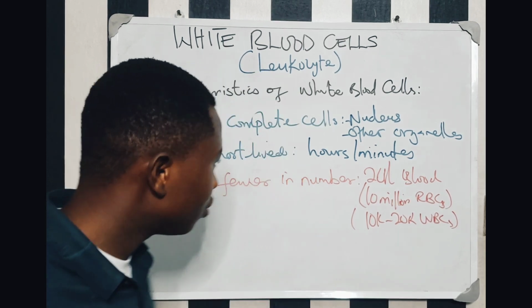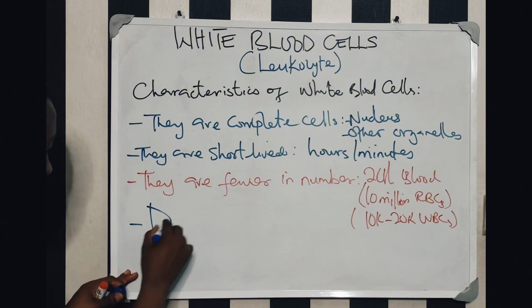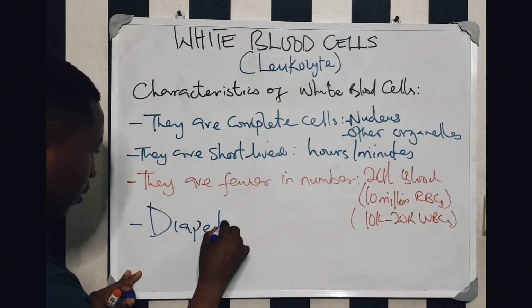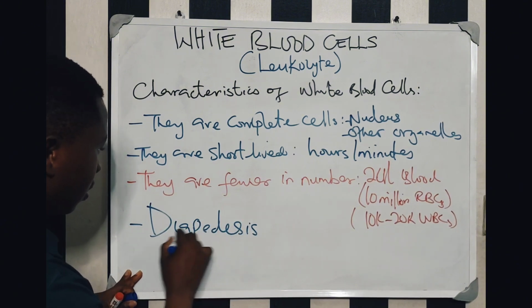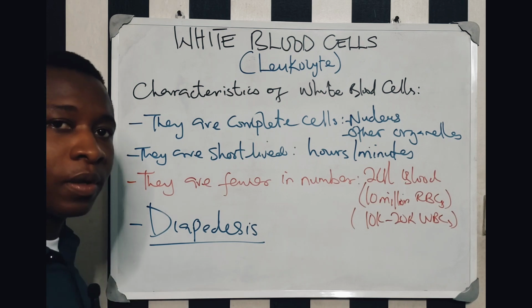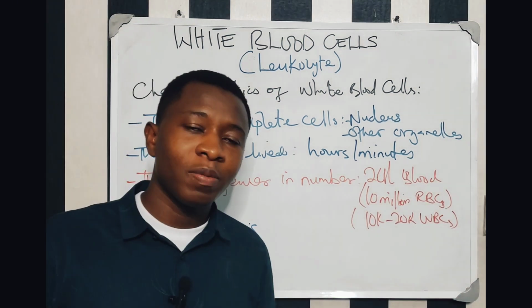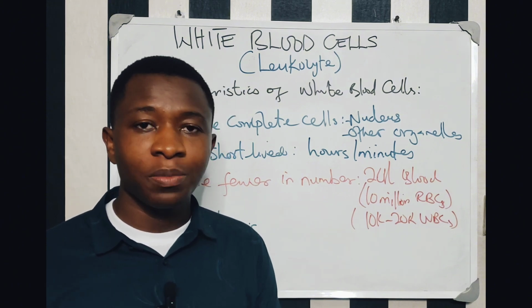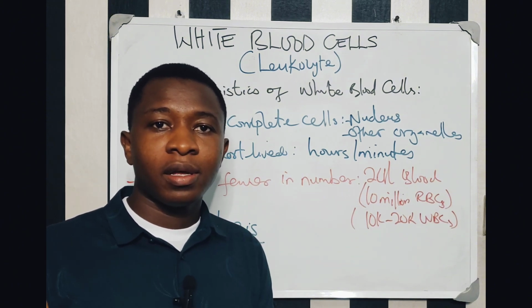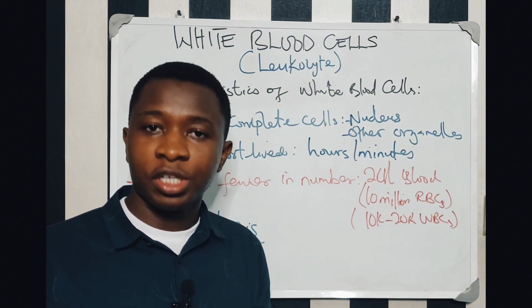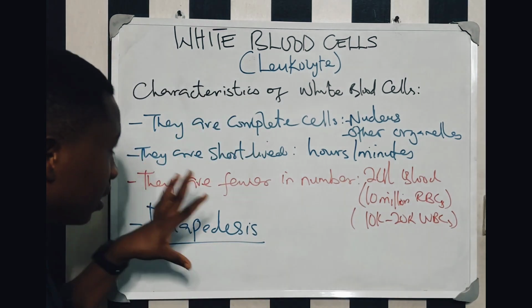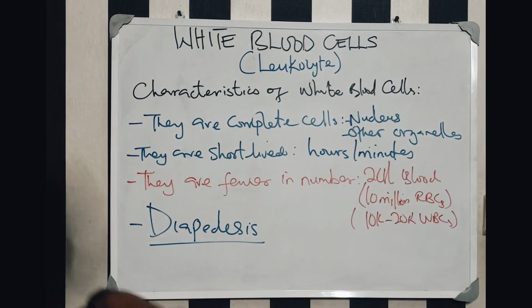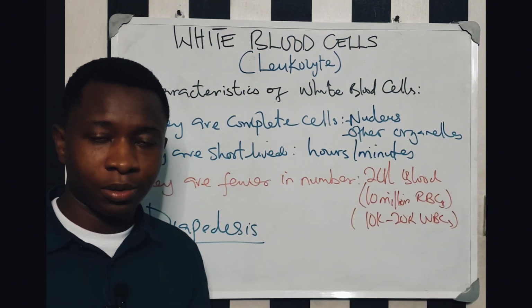And that mechanism is known as diapedesis. Now, when it moves from the blood vessels to the tissues, it assumes a particular form, which I'm going to talk about in subsequent teachings. So these are the major, or I would say general, characteristics of the white blood cell.